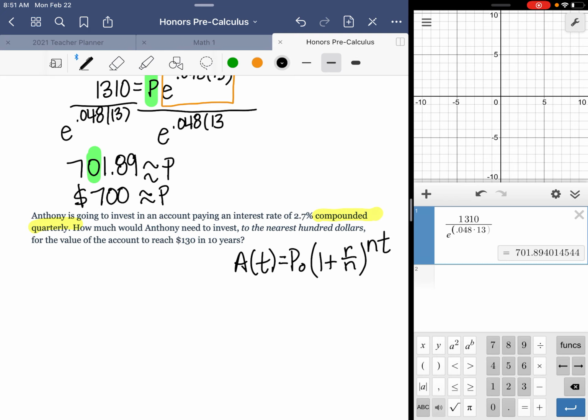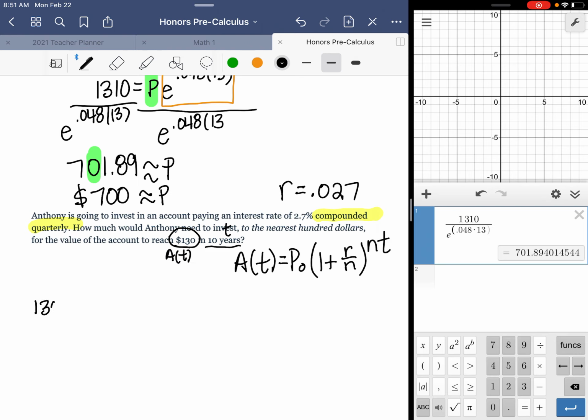All right, so we have our rate, and our rate here is going to be 0.027. Now, they want us to round it to the nearest $100 this time. So we want to reach $130 in 10 years.